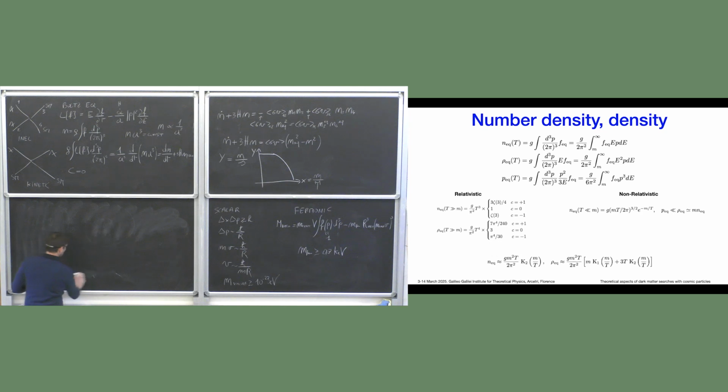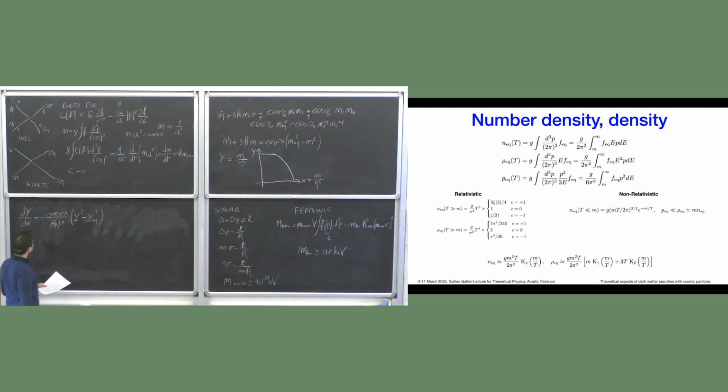Okay. So if we write the Lee-Weinberg equation using y, and also with x, that is the mass over the temperature, this is dy over dx equal to minus entropy sigma v, over the Hubble constant as a function of x, and then you have y squared minus y equilibrium.